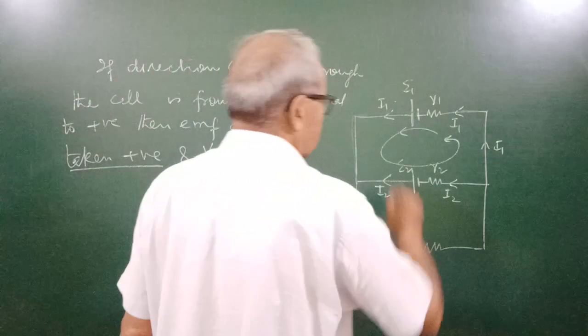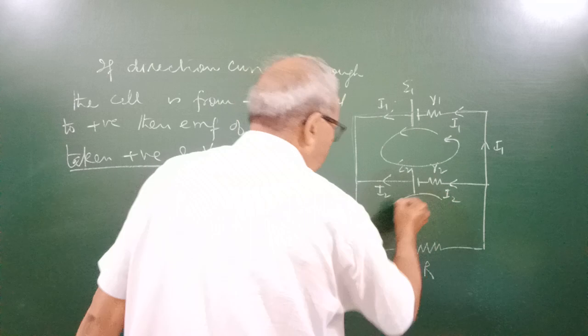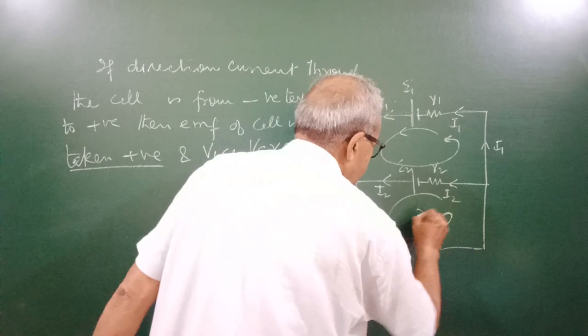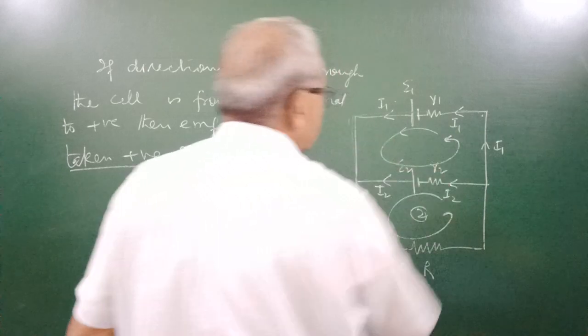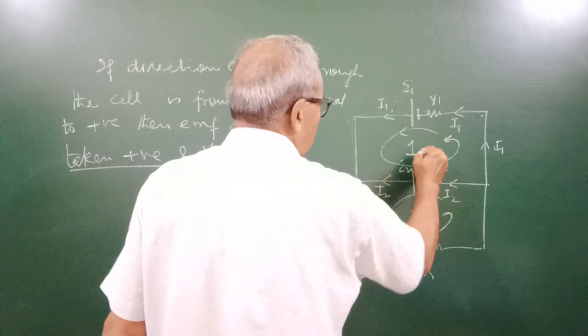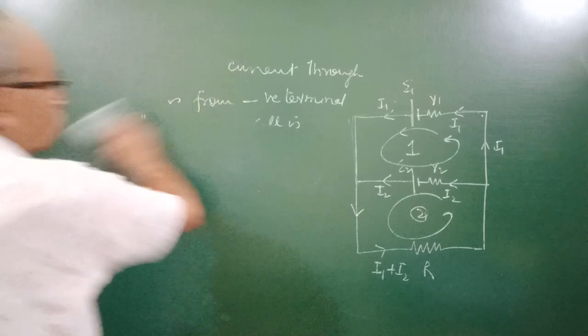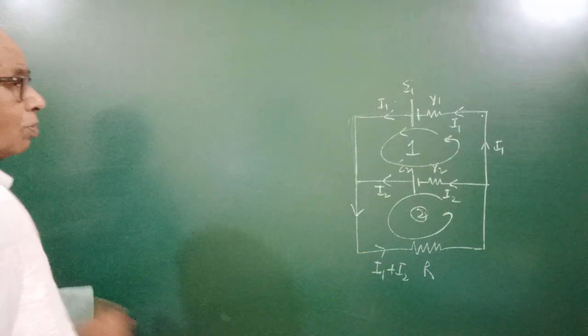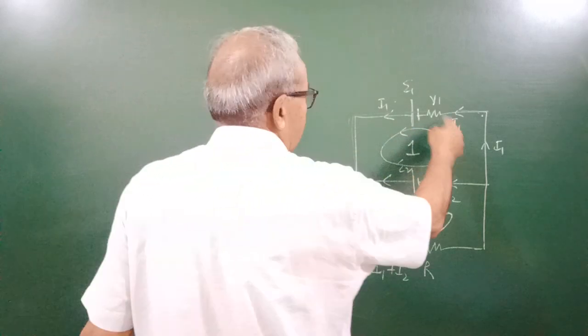It is my choice. Now I take loop 2 the same. I mark loop 1 and loop 2. So according to the mesh rule in loop 1, I start from here, I1 R1.